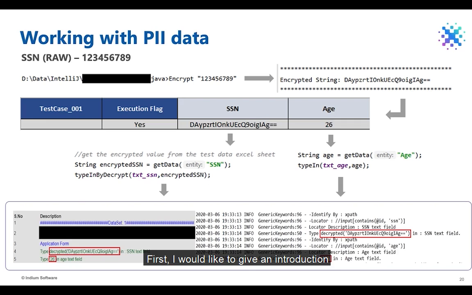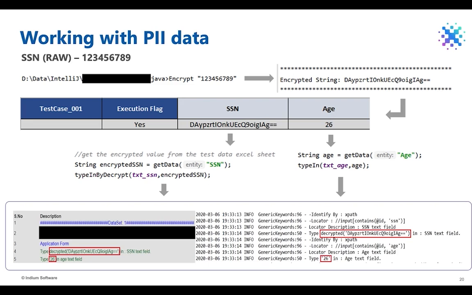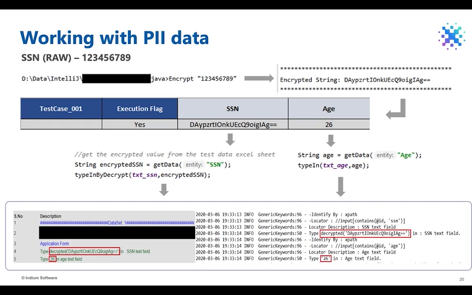First, I would like to give an introduction of how we do this encryption and how we use this encrypted data in our automation script. As we see in this flow diagram, we initially take a sample test data like the social security number and encrypt that data using our encryption utility. And we get the encrypted value and substitute that in our test data sheet.